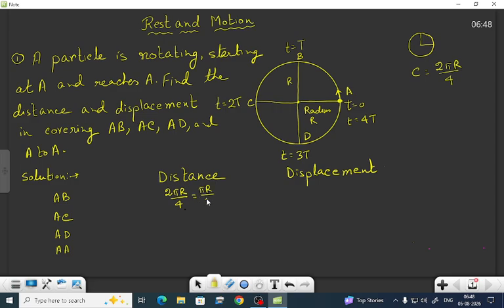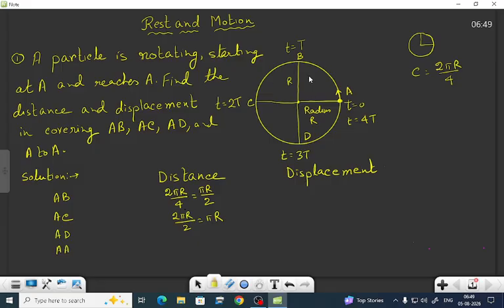by 2. Okay, and for A to C, the total circumference is 2 pi r, and divided by 2, it will be pi r, right? Number 3 is from here to here.